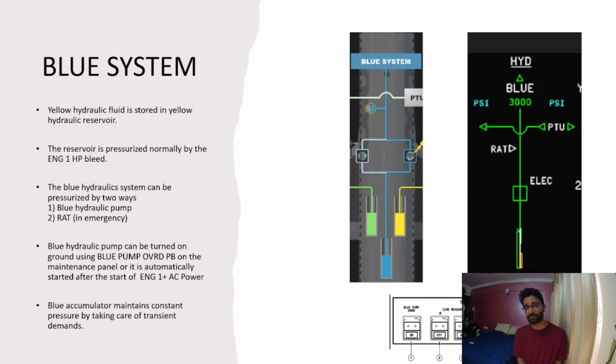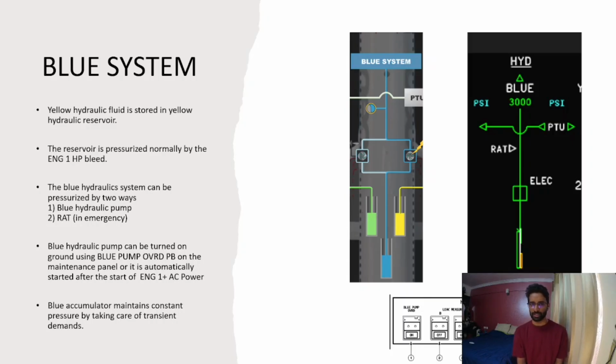So what happens if this pump fails? You still need the blue system to work, right? Because the pressure is still used for certain systems. So if your electric pump fails, there is something called a RAT. Now what is a RAT? It is kind of like a fan, which gets deployed from underneath the aircraft. Ram air turbine, it's called a RAT.